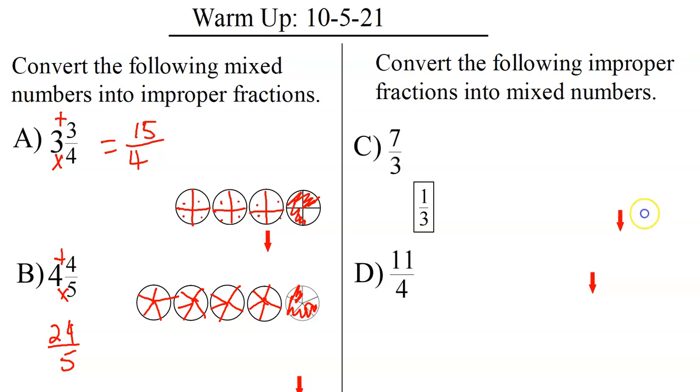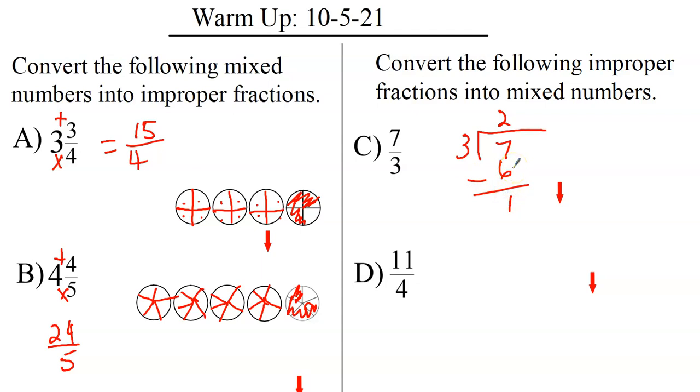And so that's not helping. I'm going to go like this. I'm going to go 3 goes into 7 2 times. 3 times 2 is 6, and I have 1 left over. So for 7/3, I'm going to go ahead and draw a picture of what 7/3 would look like. So I've got 3 candy bars, right?